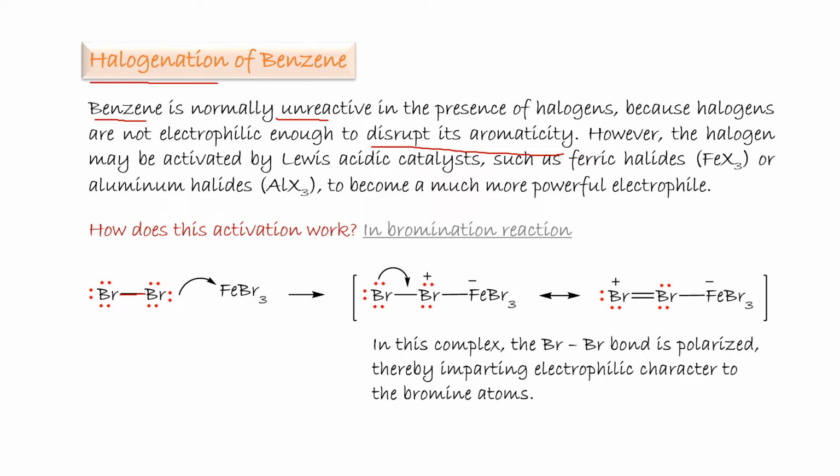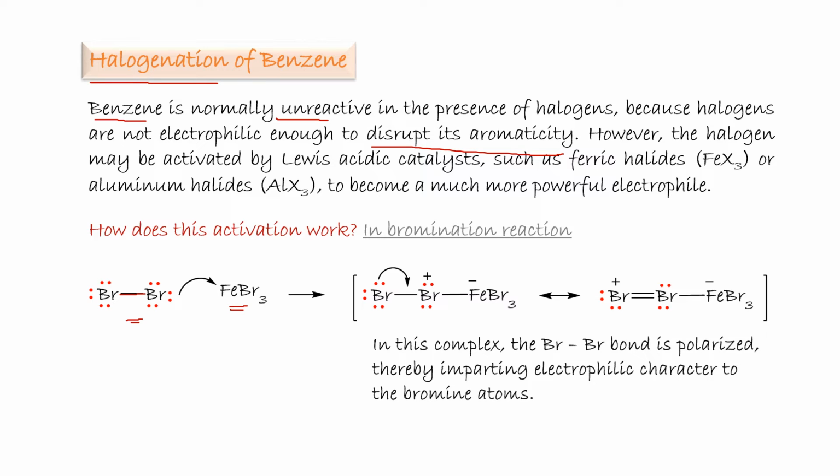So there is a symmetry, and there is no X plus actually. Scientists use the Lewis acid-Lewis base character to form a complex, and this complex indeed will have a polar X plus.